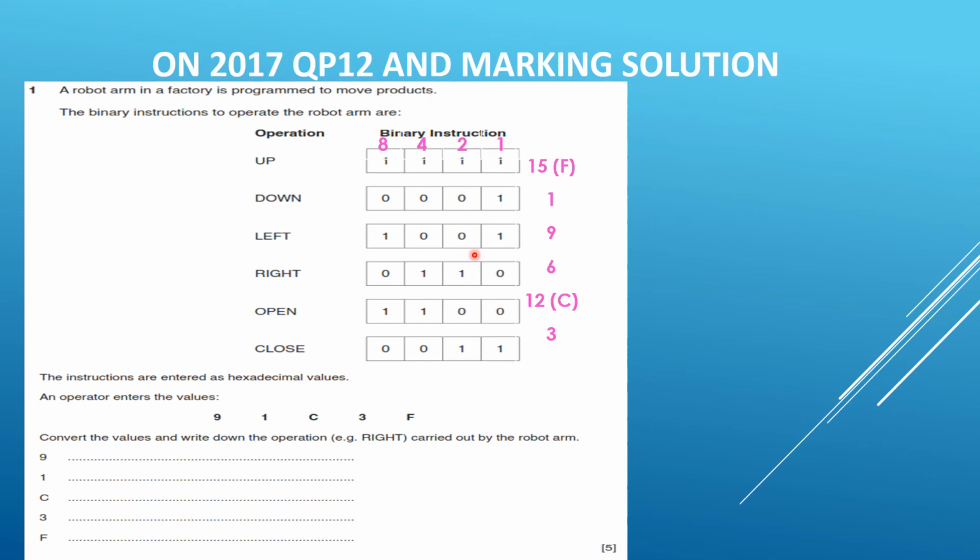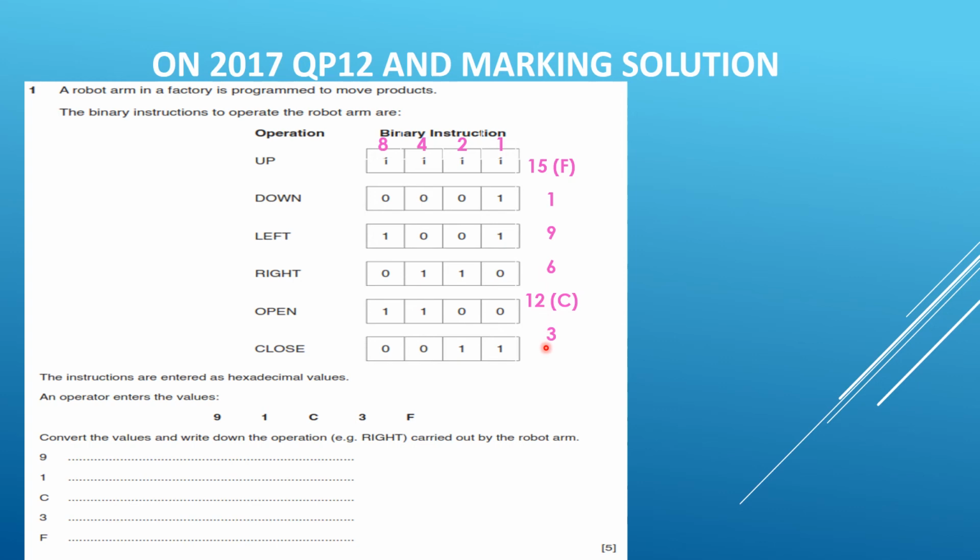In the next register we have 1 under the binary notation 8 and 1 under the binary notation 1, so we add 8 and 1 and we get 9 here. Similarly we'll find the next hexadecimal values 6, then 12, and the last one is 3.